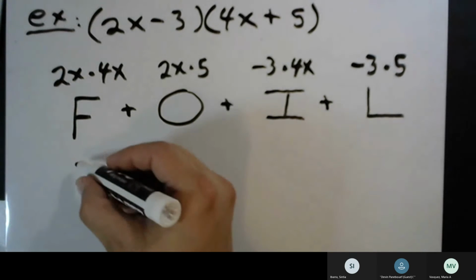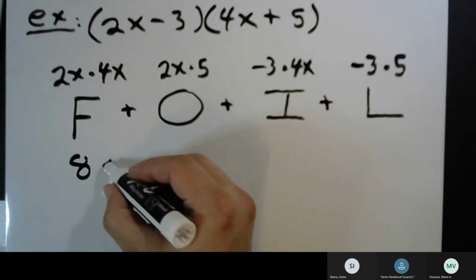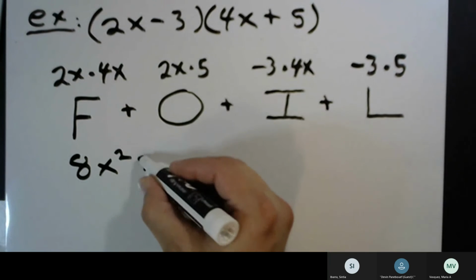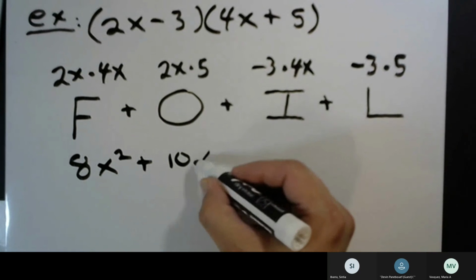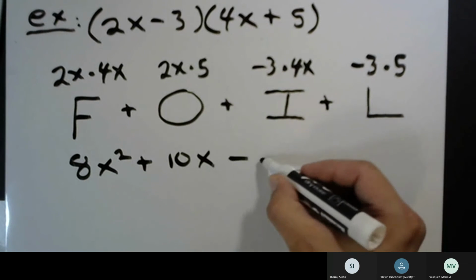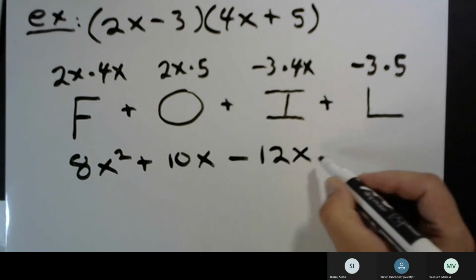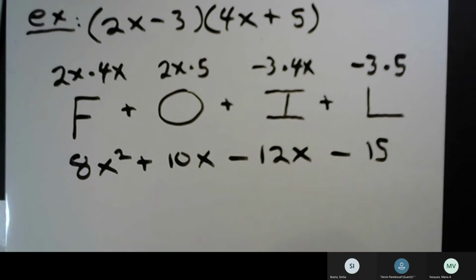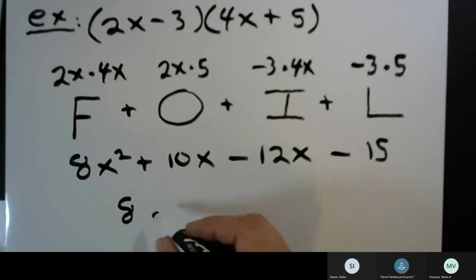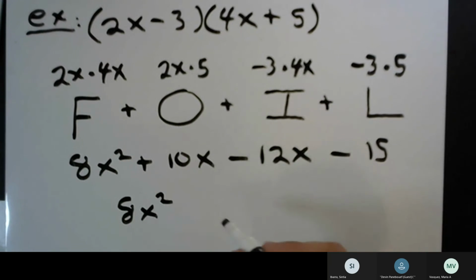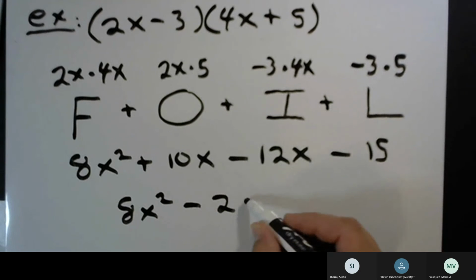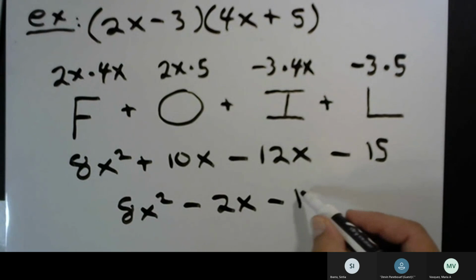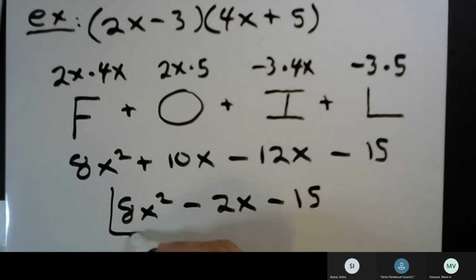And so what this becomes is 8x squared plus 10x minus 12x minus 15. And then we gather like terms, we'll get 8x squared minus 2x minus 15.